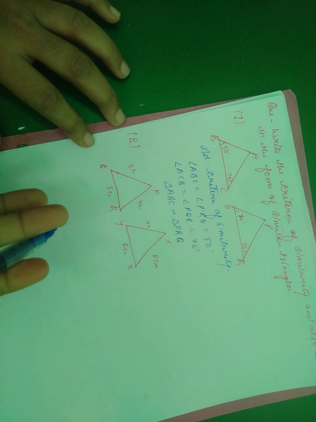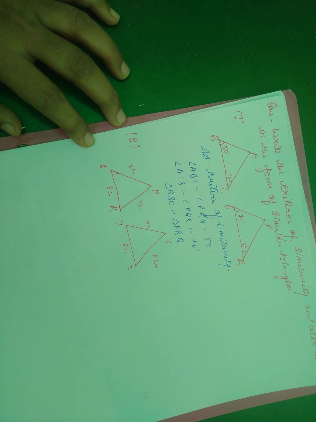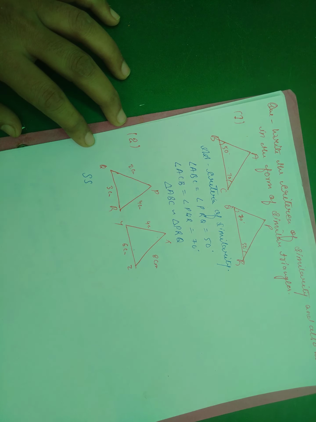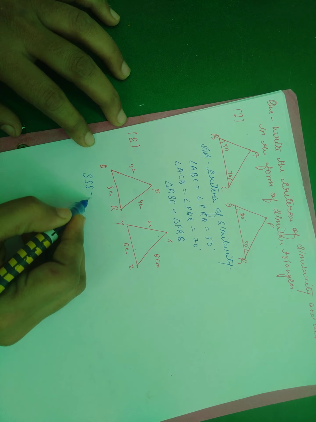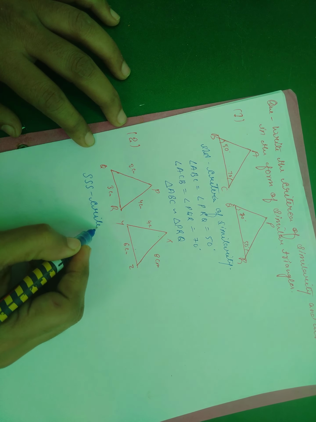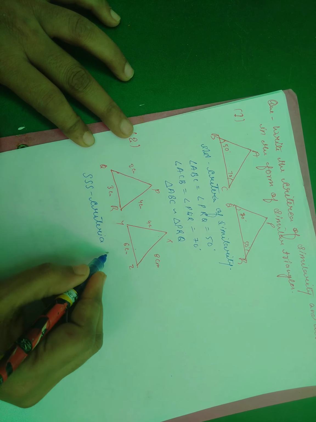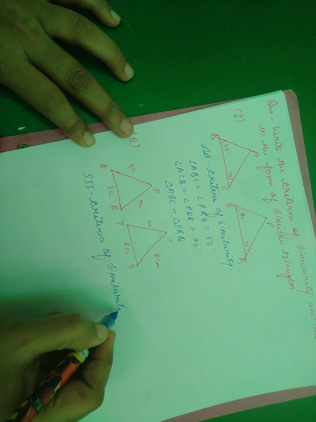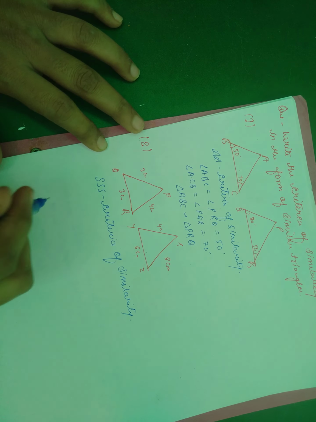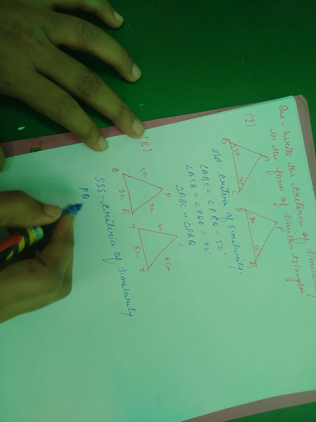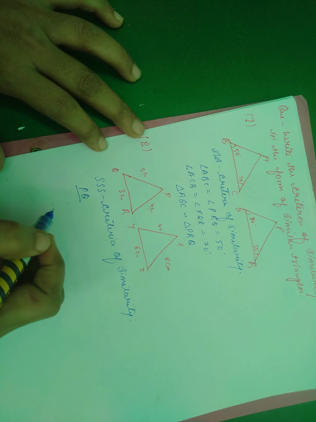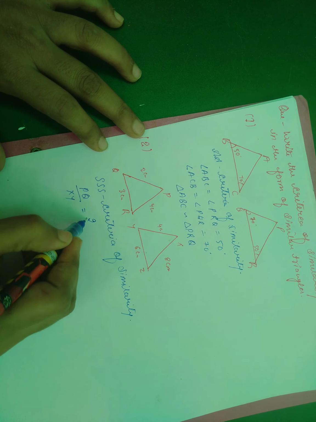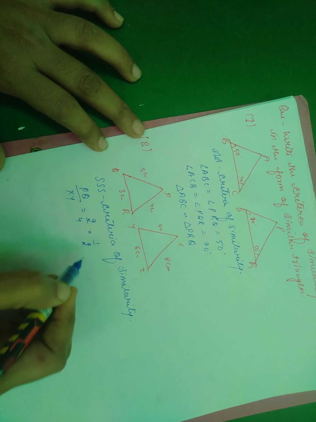So we can easily see that here the SSS criteria will hold. Because there is no angle given, it is the SSS criteria of similarity. Right, here PQ by XY means 2 by 4, which will give 1 by 2.